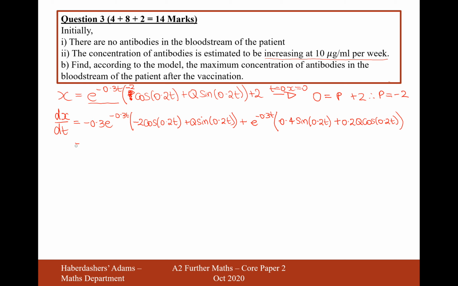Okay, let's just now group all of this together. So it's going to be e to the minus 0.3t, open brackets. So the coefficient of cos is going to be 0.6 add, is that a minus in there? No, it's a plus in there. So it's going to be 0.2q as the coefficient of cos.